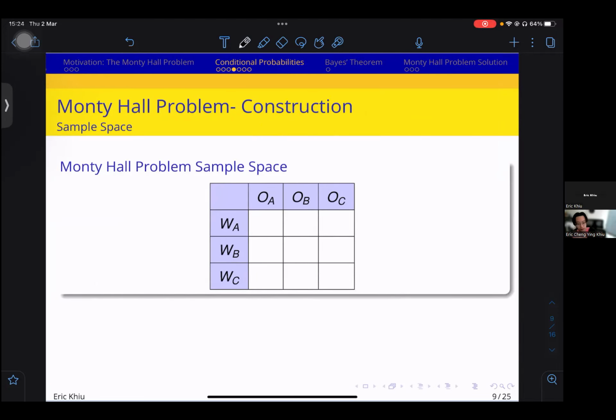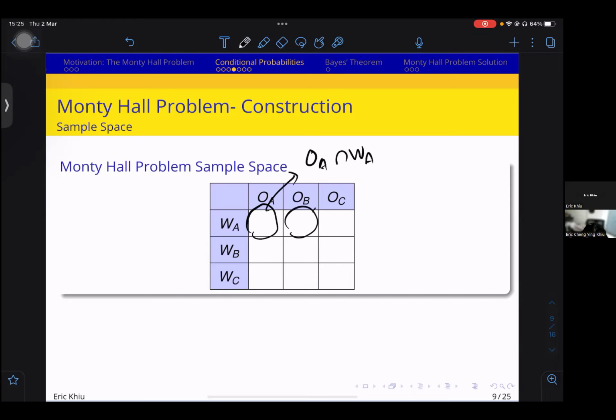It's like a two-dimensional table. One dimension takes care of which door the host opens, and the other dimension looks at which door is the winning door. I know it looks something like a multi-variable joint distribution table, but don't worry about it. What it means is, for example, this box over here means event OA and event WA happens, which is OA intersect WA.